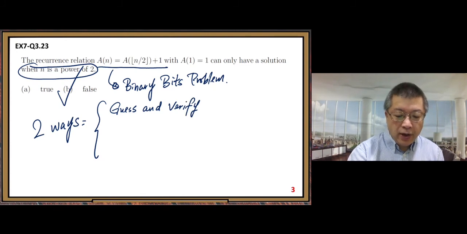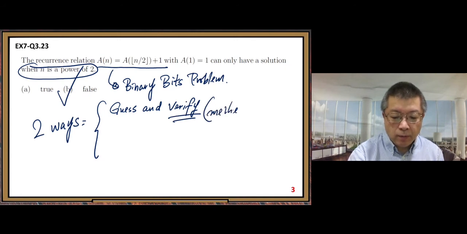The verify part, mathematical induction.